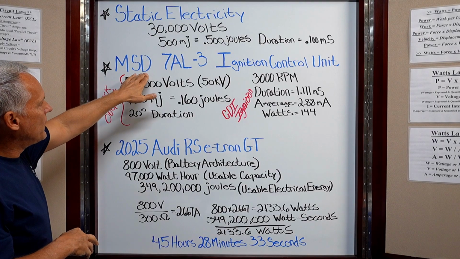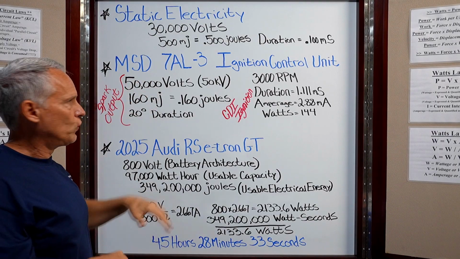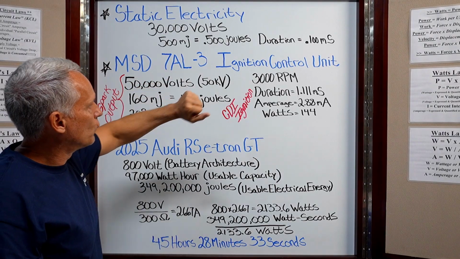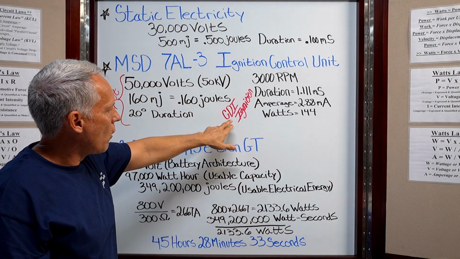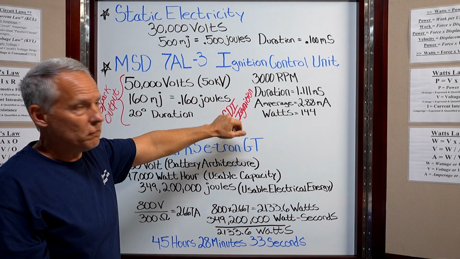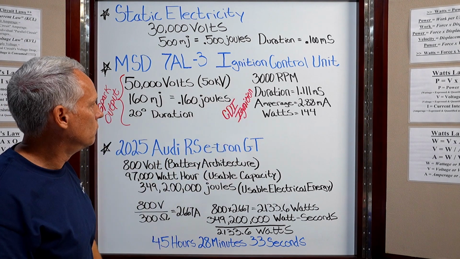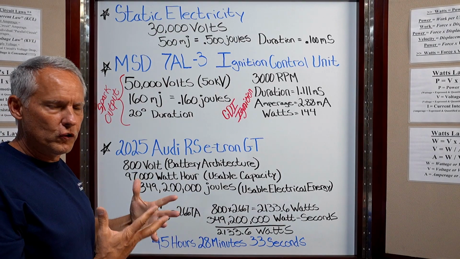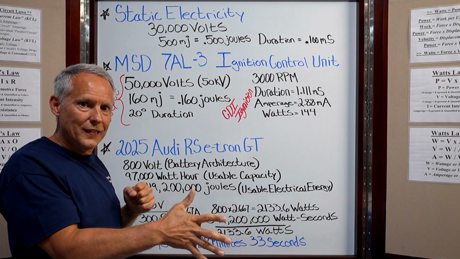Let's go to an MSD system, a multiple spark discharge. This is a brand, for anybody who doesn't know, MSD. 7AL-3 ignition control unit. It is what's called a CDI ignition system, capacitive discharge ignition. That's the type of ignition system that it is. It basically just means it has capacitors that are charged, internally charged, and then that energy is released.